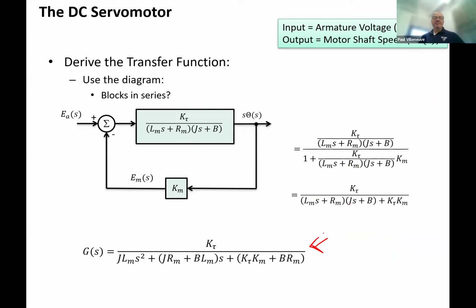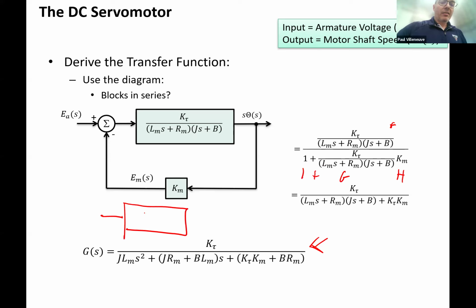Kind of a mess, but you would end up with that term there. And then you just have to do that math. So if you wanted to replace this whole thing with one feed forward block, that's what you'd end up with.